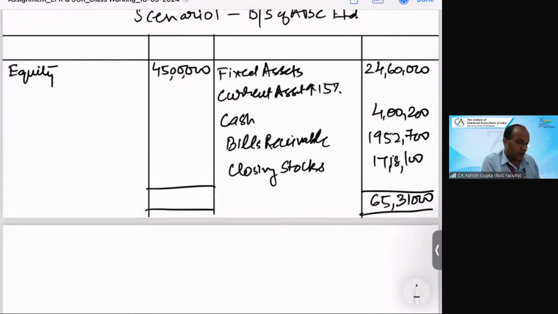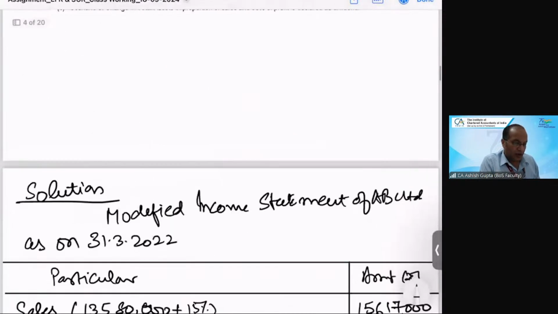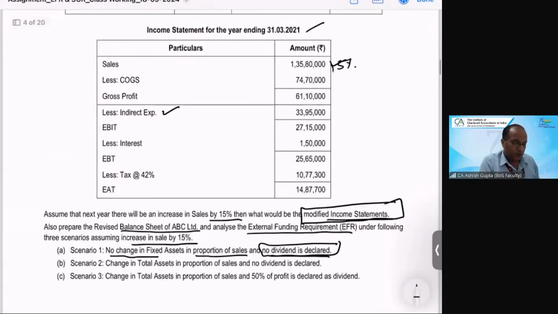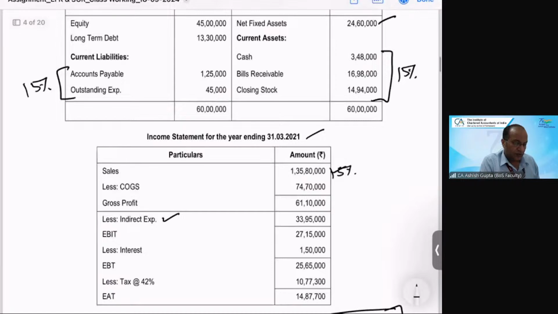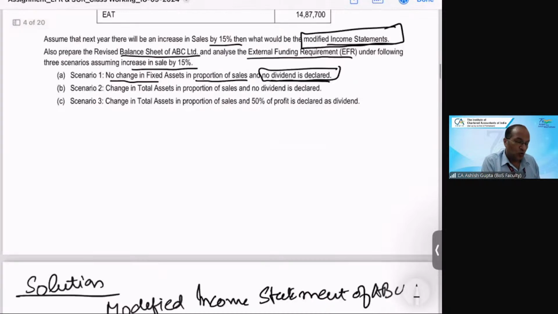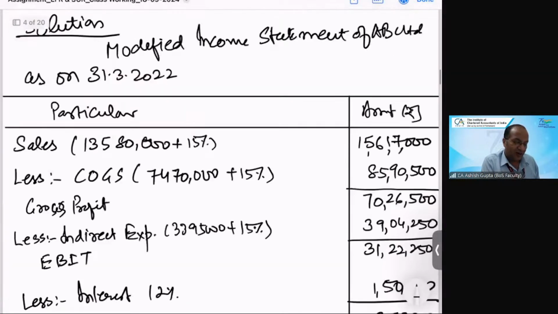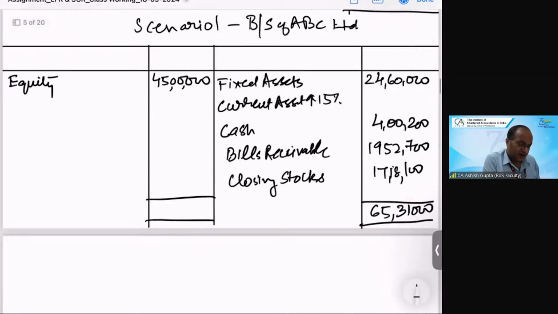Okay, now what I do here, my retained earning is, earlier there was no reserve and surplus. Here there was no reserve and surplus. So whatever my retained earning is here, I will show it as a reserve.